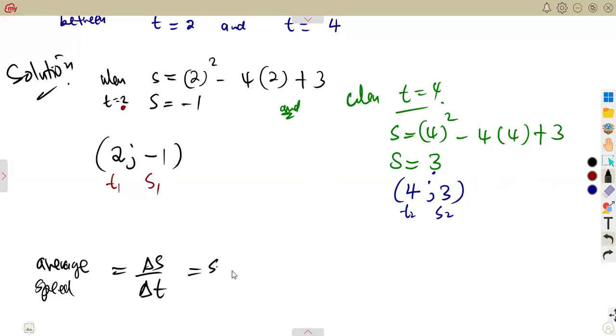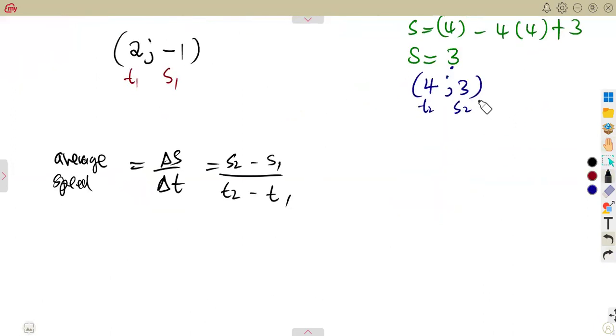So it's going to be s2 minus s1 over t2 minus t1. You can substitute just like the previous case. s2 is 3, minus s1, which is -1, over t2, which is 4, minus t1, which is 2. So that's it, guys. It's going to be 4 over 2, and that's 2.